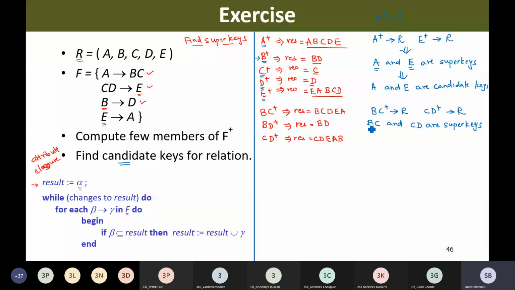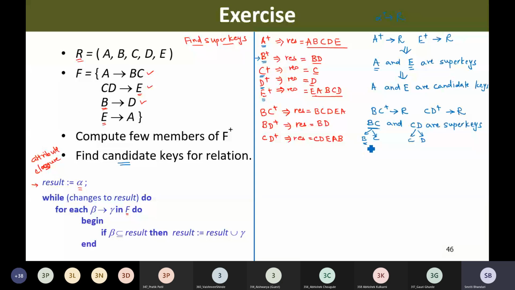Now, we need to check whether these are the candidate keys as well. So, how to check it out? For BC now, we are having the subsets as B and C. For CD, we are having the subsets as C and D. Whether individual B is the super key, we have computed all attribute closures.